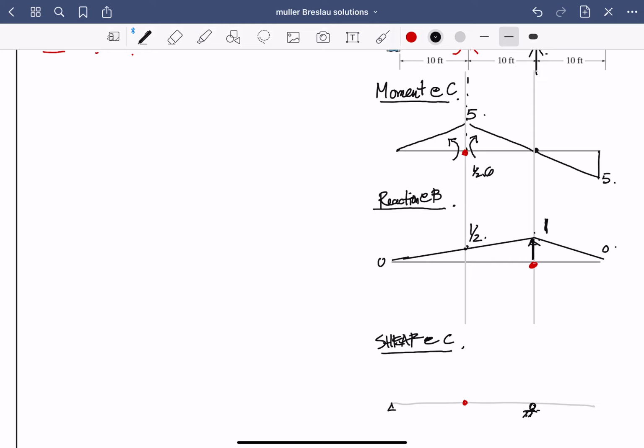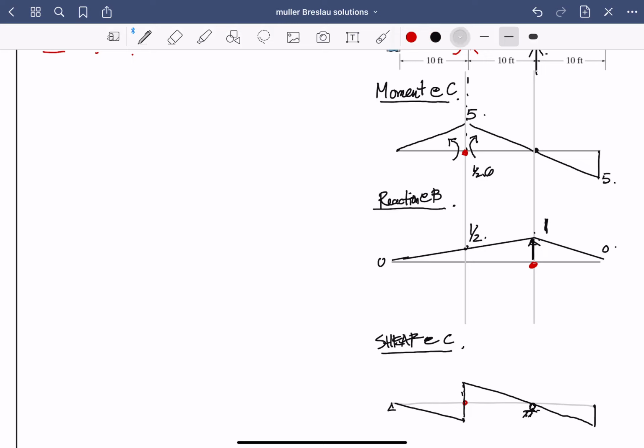And so what you do is you break it. You push it down, and the other one gets pushed up, like that.